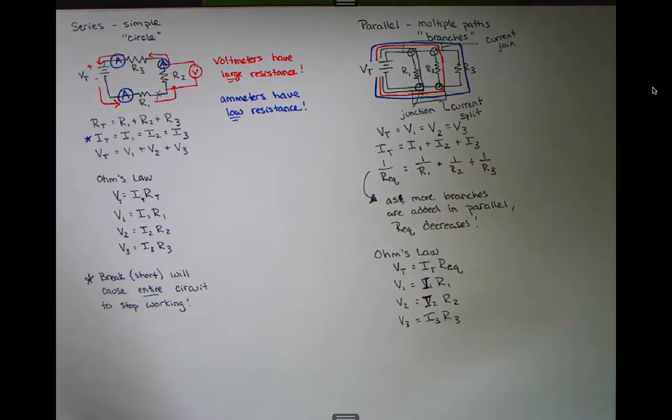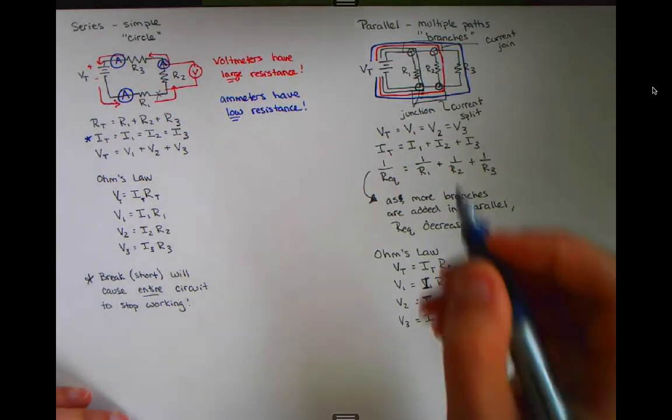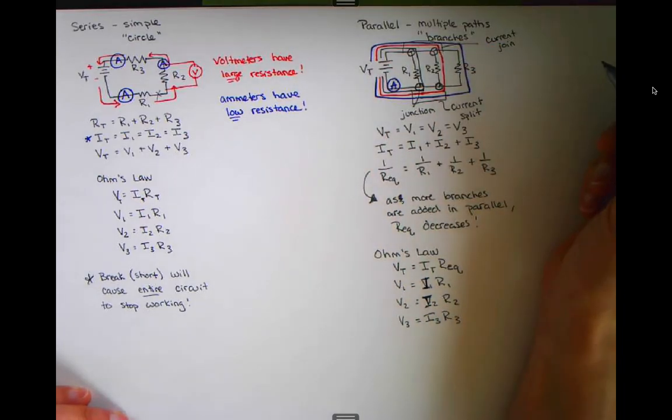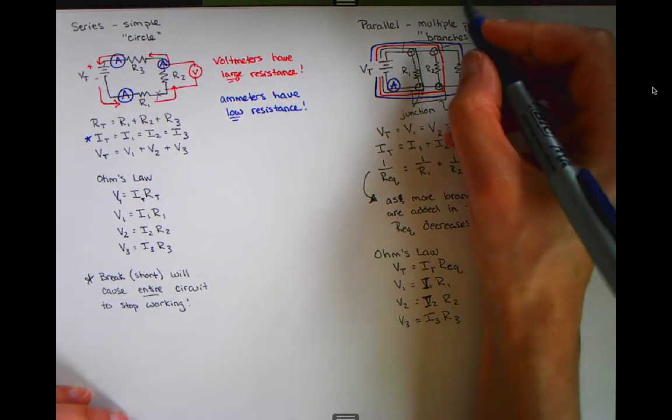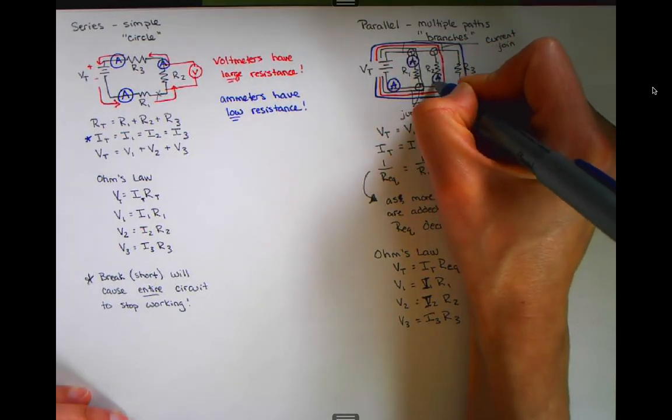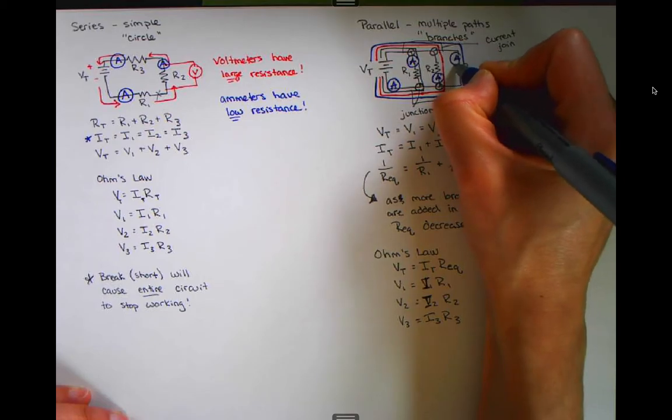Okay. Now, one last thing about parallel circuits. In a parallel circuit, it makes a difference where you place an ammeter, right? So if you want to read the whole current, the total current, you want that ammeter to be pretty close to the battery. Okay. You could also place an ammeter in each branch to read the current that's going through each resistor, right?